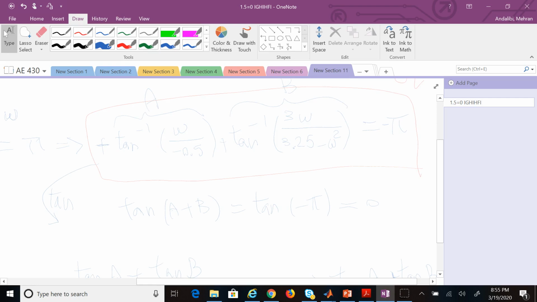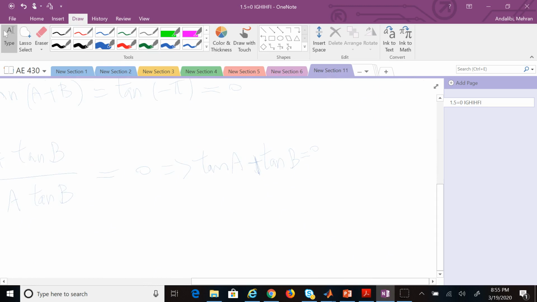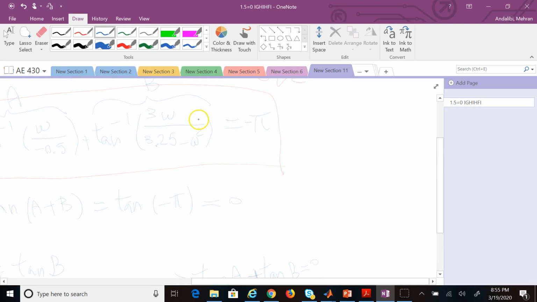So these two functions that are inverse of each other would cancel out. You're going to be down to just negative omega over 0.5. So this is omega over negative 0.5. That's the tangent of the first one. And then tangent of the second one is, of course, the term inside.